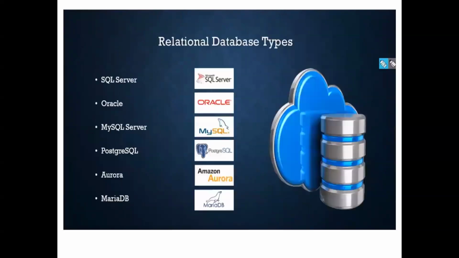And these are the database types we have: SQL Server, MySQL, Oracle. These are the various kinds of database types we have in the RDS service. Based on the requirement, we can go ahead and create a database for the developers.